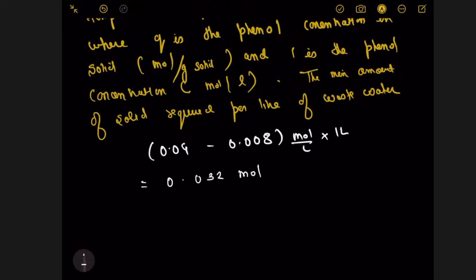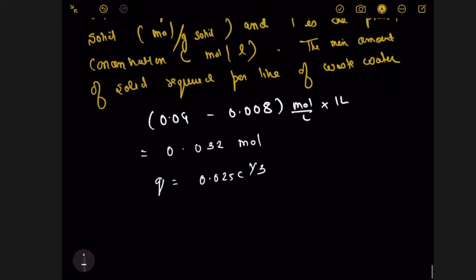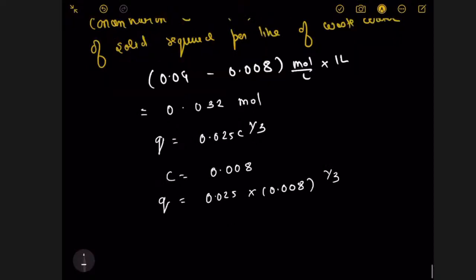So a relation is given, 0.025 C to the power 1 by 3. And the reduced phenol concentration C is how much? Up to which point do we have to go? 0.008. So Q equals 0.025 into 0.008 to the power 1 by 3. So how much is it coming? 5 into 10 to the power minus 3.